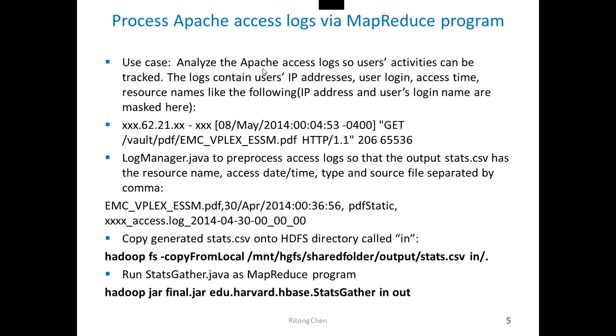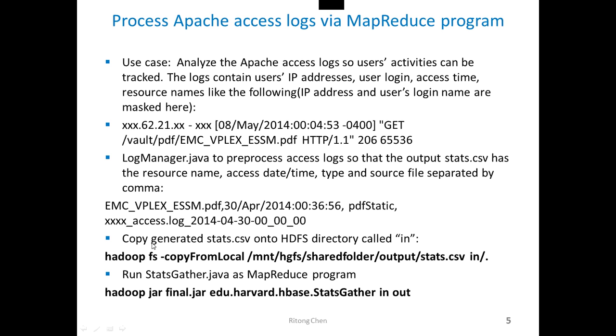You can check the user activities, like the IP address, user login name, access time, and resource file, like the following. This is the format. I marked the IP address and also the username here. I have written a program called Log Manager to pre-process the access logs so that I generate the stack CSV in this format.